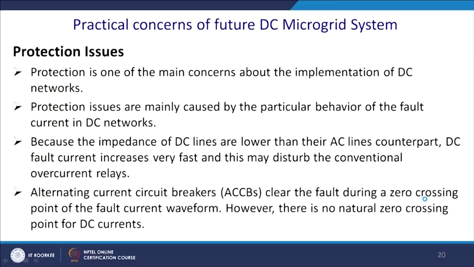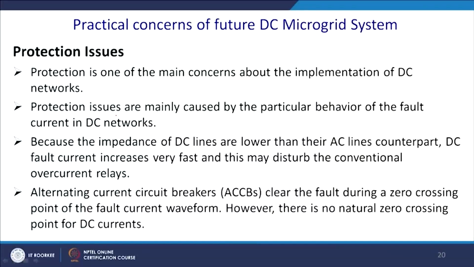Now, come to the last issue, this is the protection issue. Protection is one of the main concerns about implementation of the DC microgrid. Protection issues are mainly caused by the particular behavior of the fault current in the DC network.